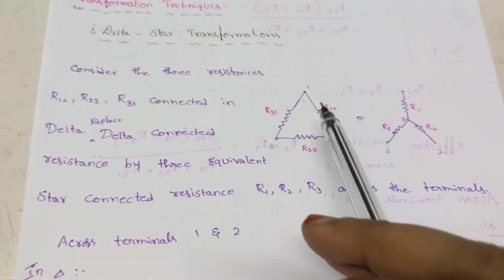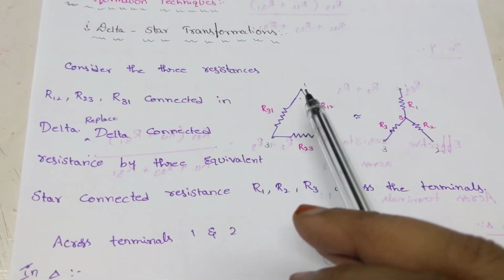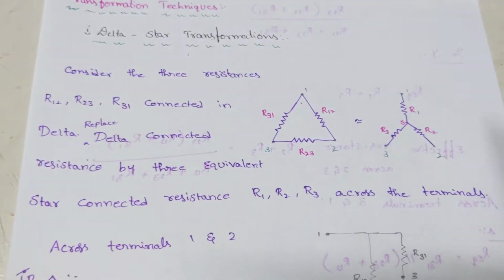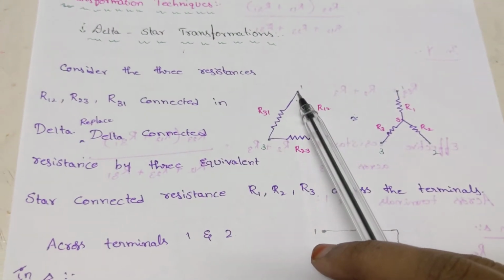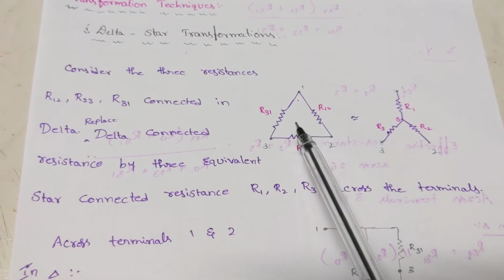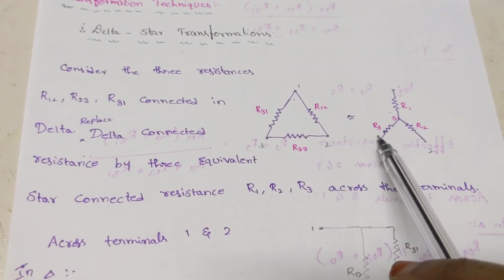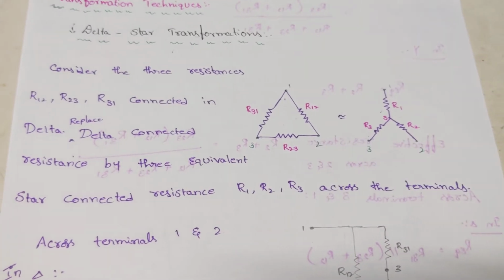This delta we want to transform into star. Between node 1 and 0 I connect R1, between 3 and 0 I connect R3, and likewise.